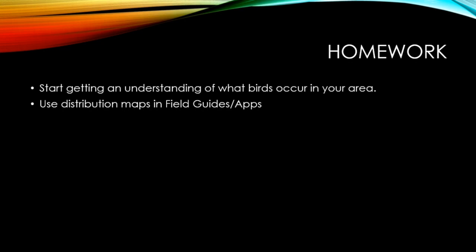You have a look at the bill shape, and everything all matches together, and it all falls in place, and all of a sudden you're identifying birds. So it's quite a nice way to work out what's in your area. And also, if you're going birding in a different area, have a look and see what occurs there, and it gives you a list of species that you can potentially look for.